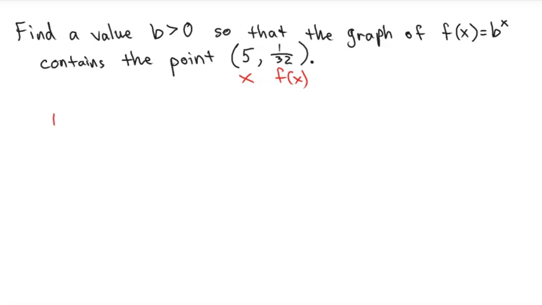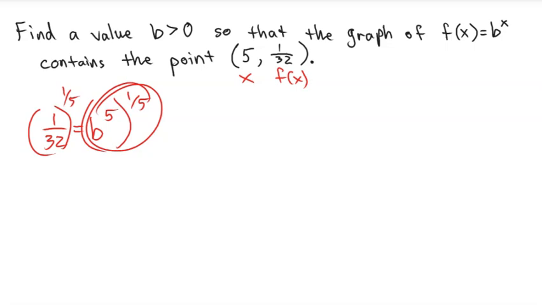So we have 1/32 is equal to b to the 5th power. We're going to raise this to the 1/5 power. These are going to cancel, and we're going to raise 1/32 to the 1/5 power. So this is just going to become b.